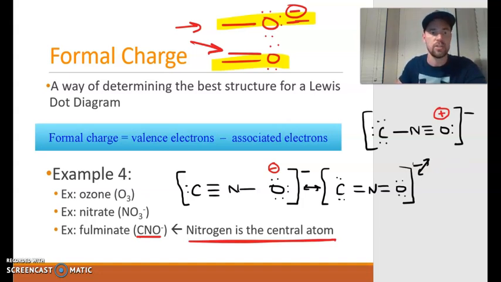All right, next thing I would do is let's figure out the formal charge for nitrogen. So nitrogen is 5 valence electrons minus 4 things touching it. So it's a +1 formal charge there. And since nitrogen's the central atom, it will be +1 for all 3 of those. I don't have to redo that math because it's going to be the same.